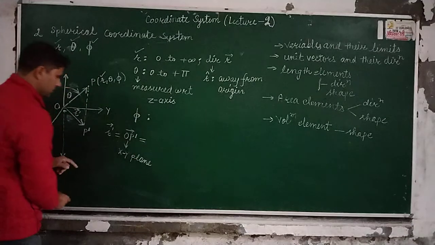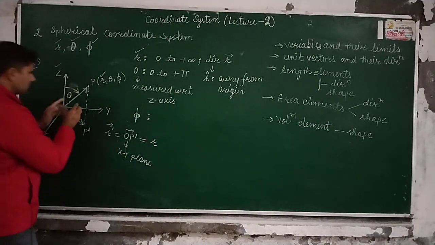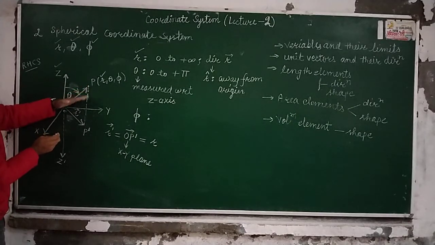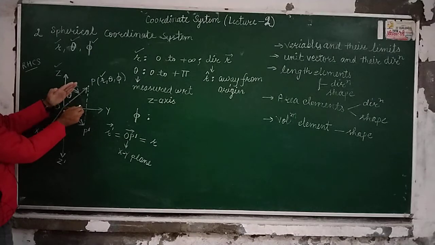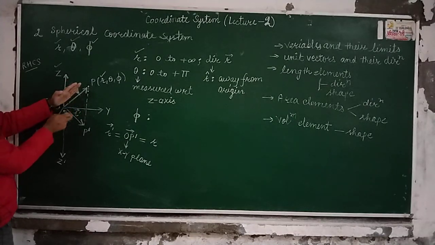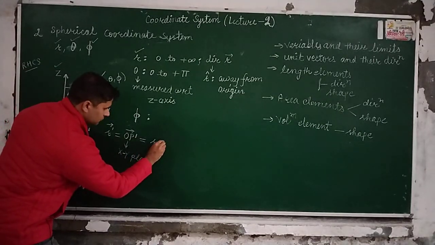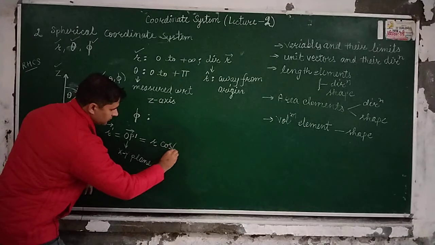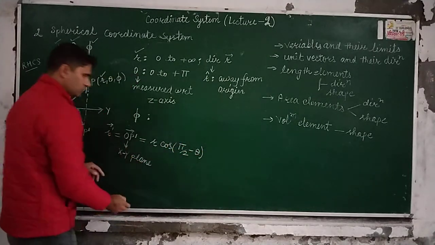This will be the component of vector r in the xy plane, and this angle is theta. So the angle made by vector r with the xy plane will be 90 minus theta. So I can write this will be r into cos of (pi by 2 minus theta).